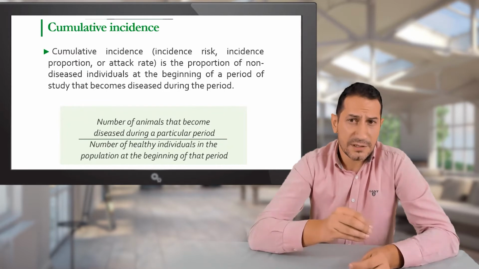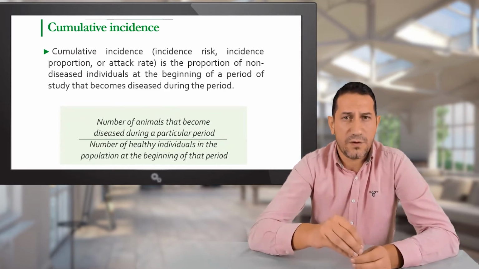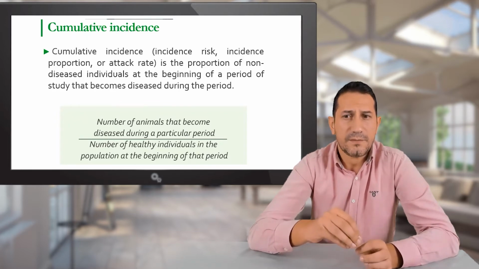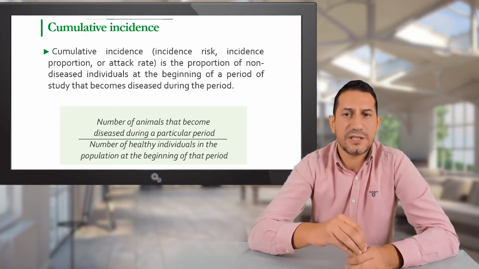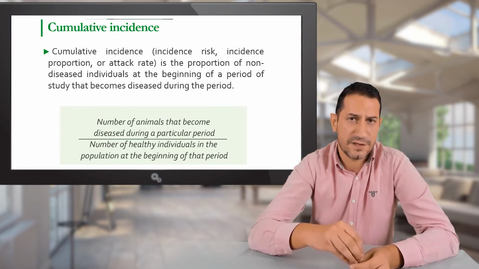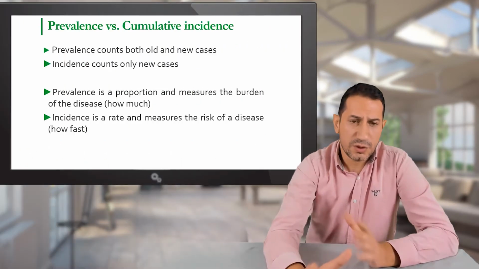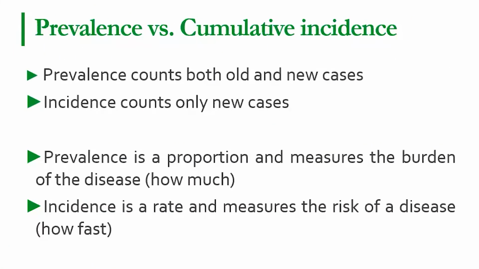However, animals must be disease-free at the beginning of the follow-up period to be included in the numerator or denominator for this calculation. So the two distinctions between prevalence and cumulative incidence are that the prevalence counts both old and new cases.